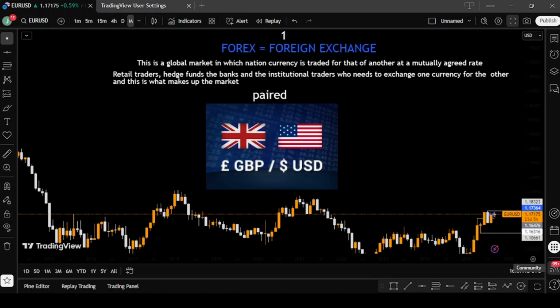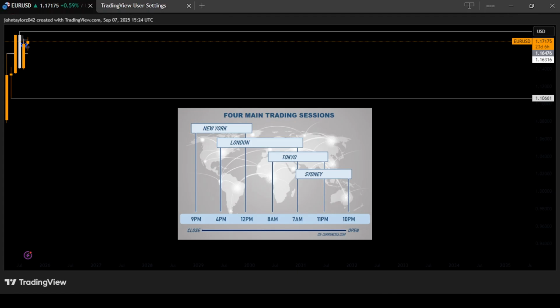The forex market is open 24 hours and 5 days a week, which means you trade from Monday to Friday, except the crypto market, which is open 24/7. We have four trading sessions: Sydney, Asia, London, and New York.